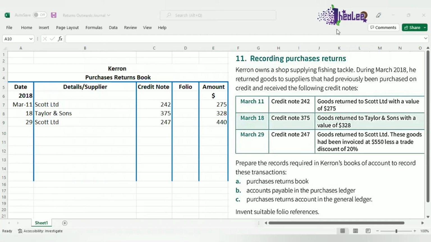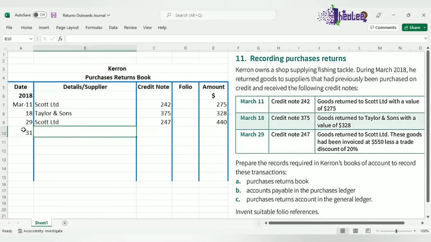We're now going to determine the total returns outwards for the month. And having determined that, you're going to close off your purchases returns book. It is similar to the concept that you carried out while doing your purchases book and your sales book. So it's the end of the month, which is March 31st.